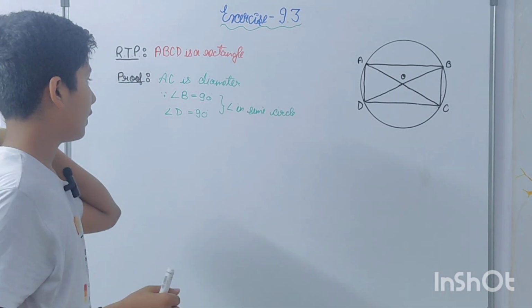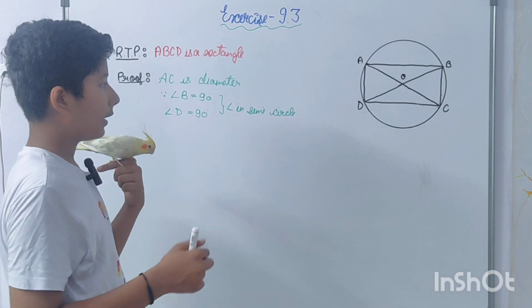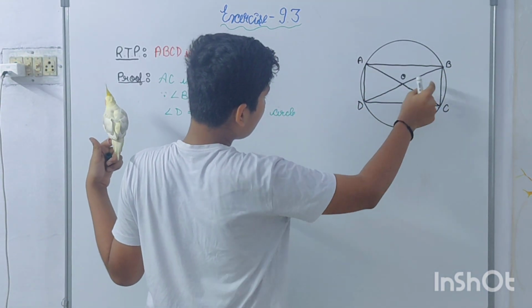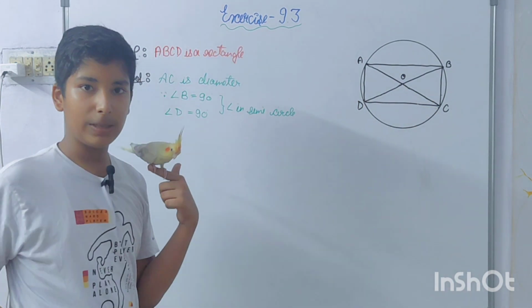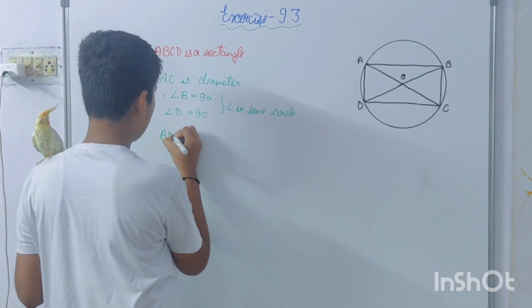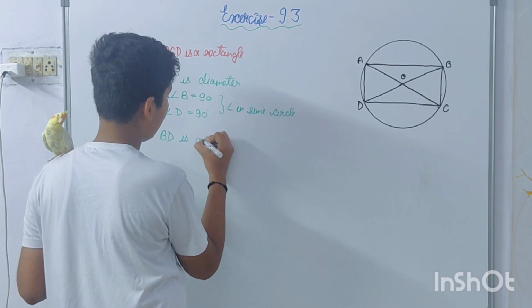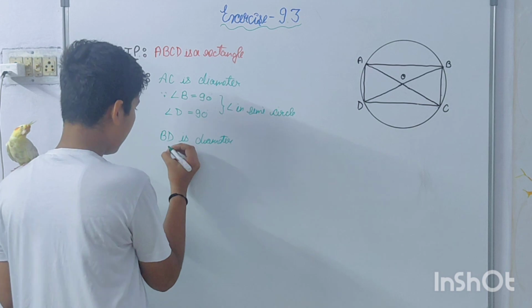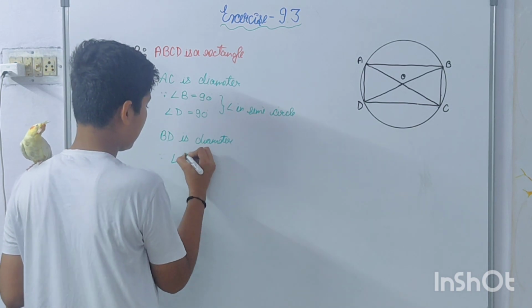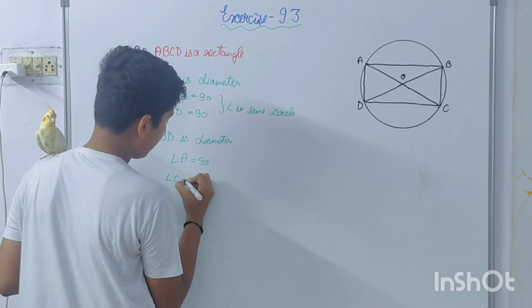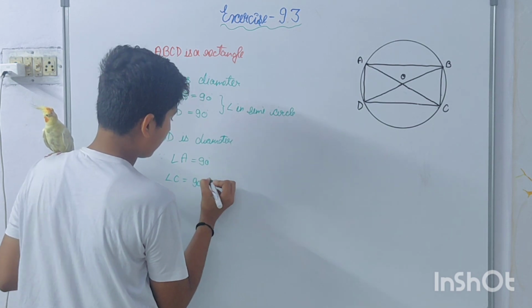And second one, here we have to prove that using this side BD we can say angle A would be equal to angle C. BD is diameter. Therefore, angle A equals 90 degrees, angle C equals 90 degrees.